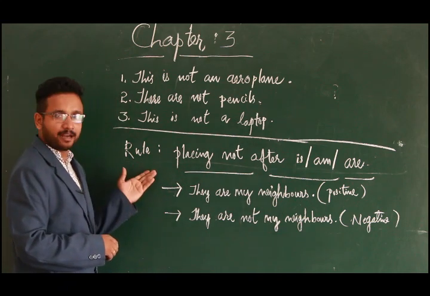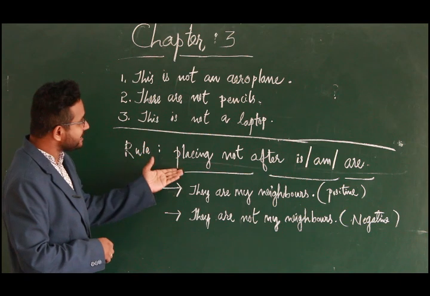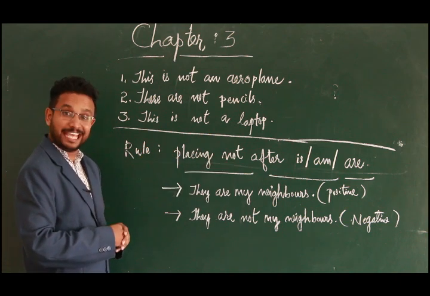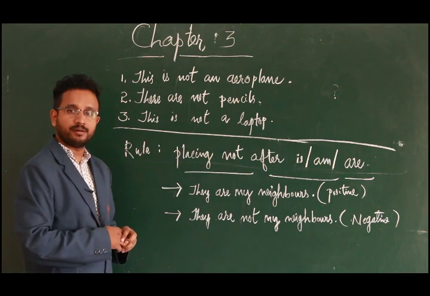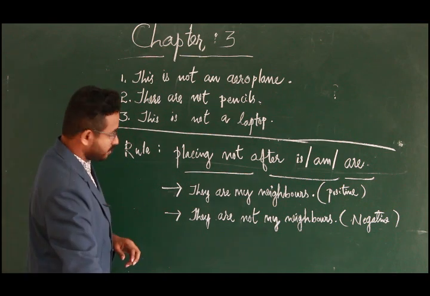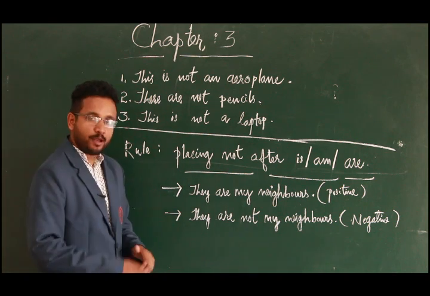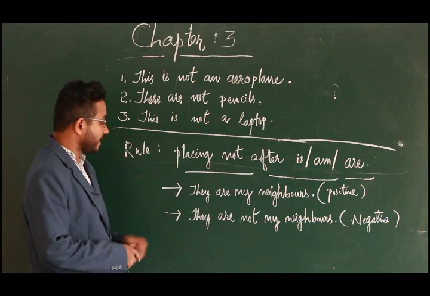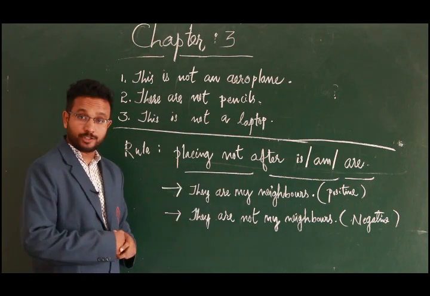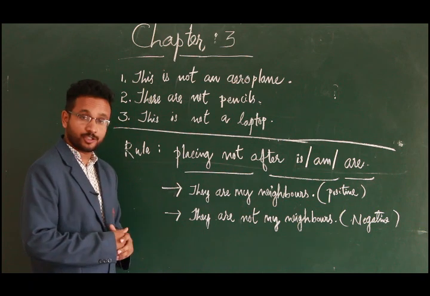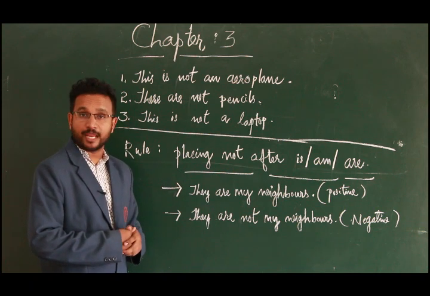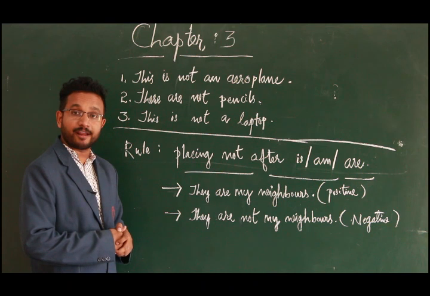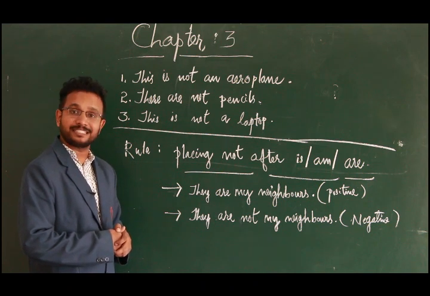Now, let's take a rule. Placing not after is, am or are. So, now I am going to take are. They are my neighbors. It's a positive statement, thereby it's a declarative or an assertive statement.